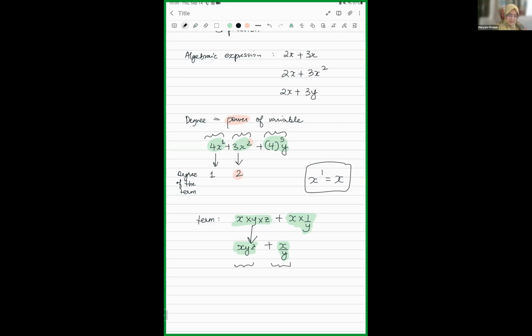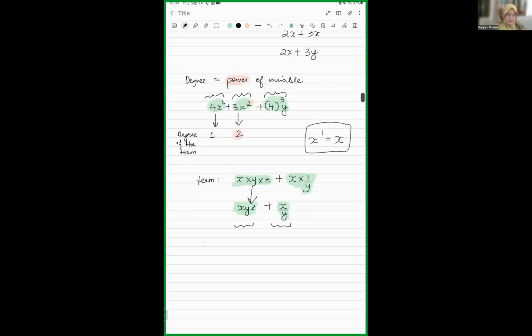Acha, tell me one thing. If there is 2x plus 3 multiplied by 3y, how many terms does this have? Abdul Jabbar, how many terms do you think this has?